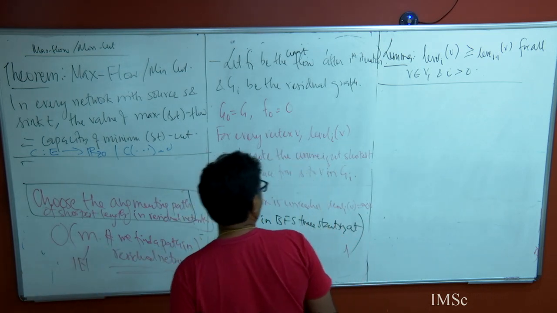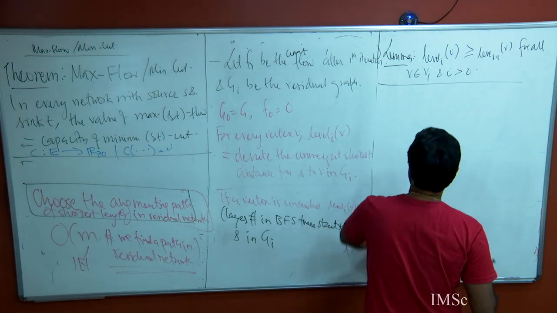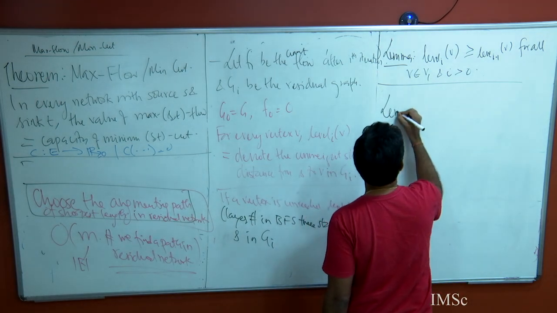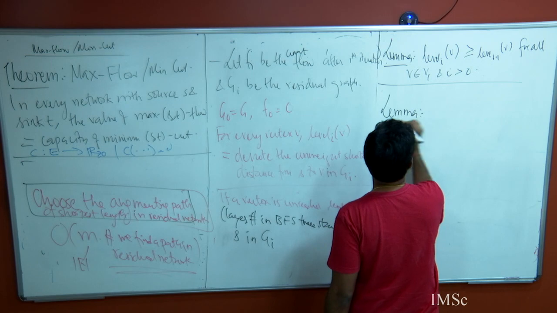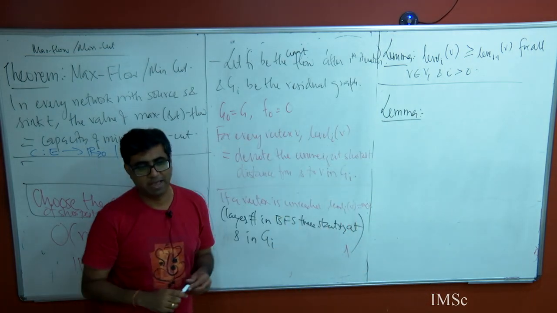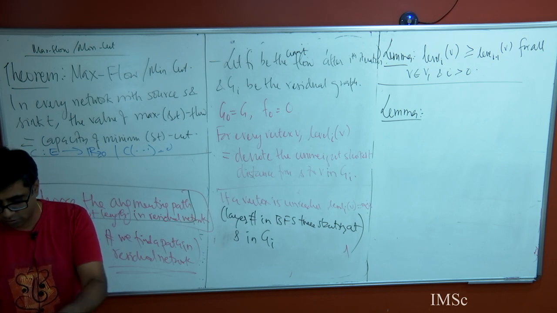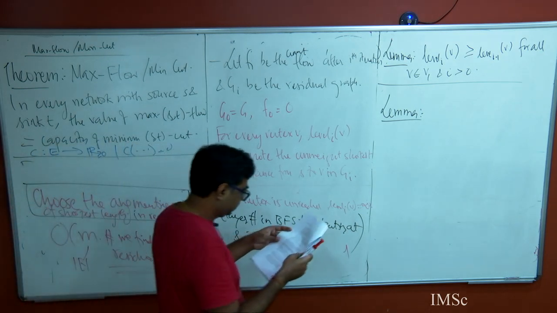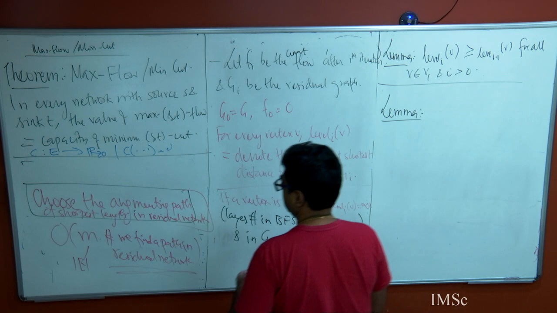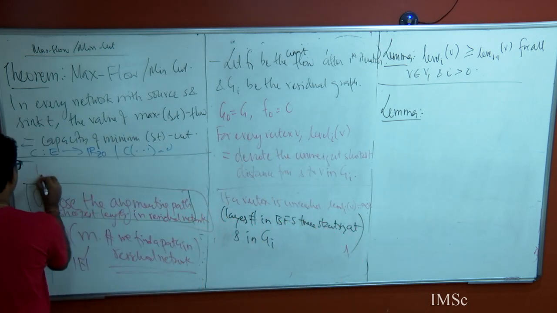So here is the lemma. First let's prove this, because that will give us a bound, and then we'll come back and prove the other lemma. It's like a magical lemma. What does this tell us? This is called the Edmonds-Karp algorithm.